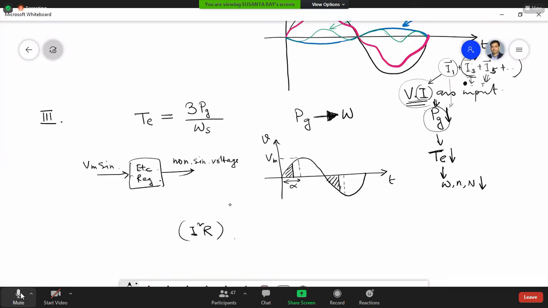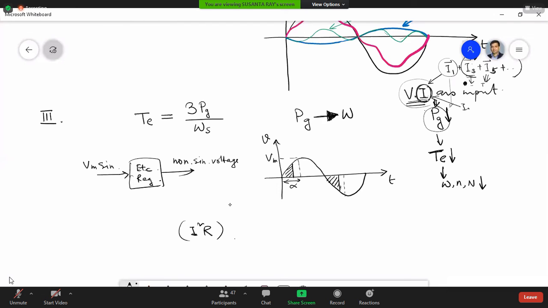হ্যাঁ বলো, why? হারমোনিক, হ্যাঁ আগে I1 ছিল না তো, আগে তো আমার I আর this I is basically the I RMS.